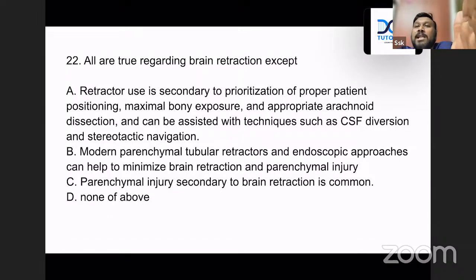Retractor use will always be secondary to all these prioritizations. And similarly, modern parenchymal tubular retractors and endoscopic approaches help to minimize the brain retraction and parenchymal injury. Yes, it is a true statement. And brain retraction is associated with secondary injury. So brain retraction can lead to parenchymal injury. Yes, that is also true. So after ruling all these out, the answer is option D.